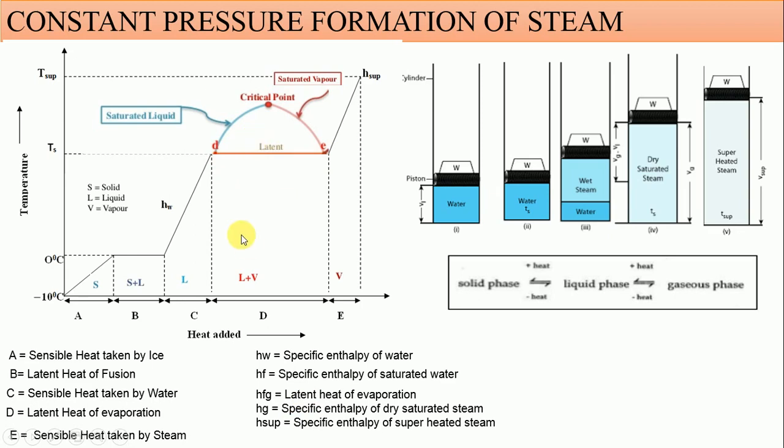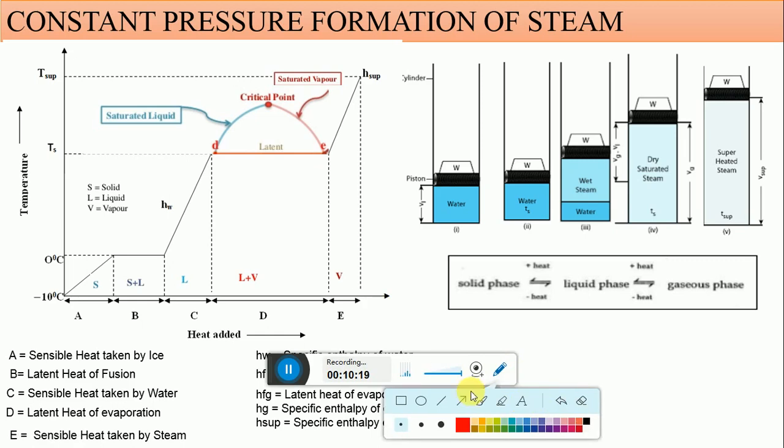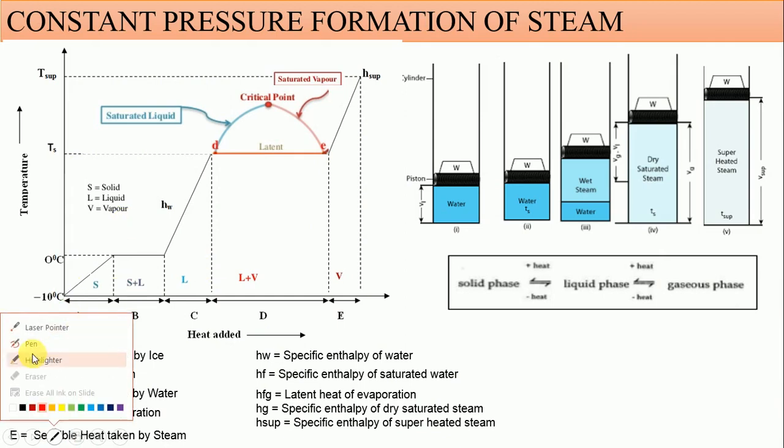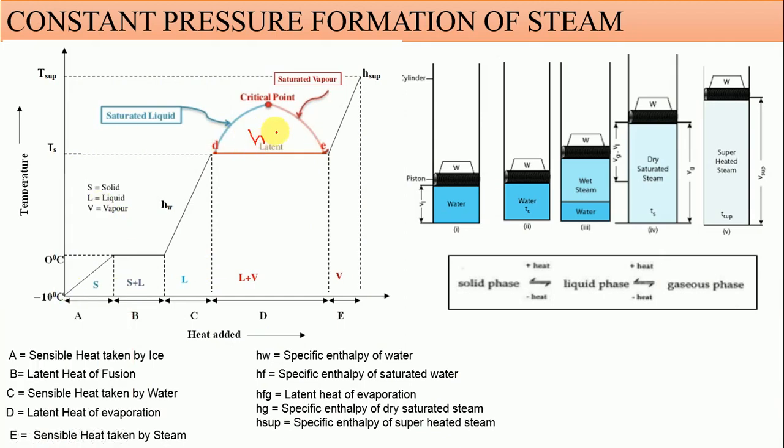Then H is the specific enthalpy of dry saturated steam. So the total, from this to this, is HG. So this is the HG. Fine.